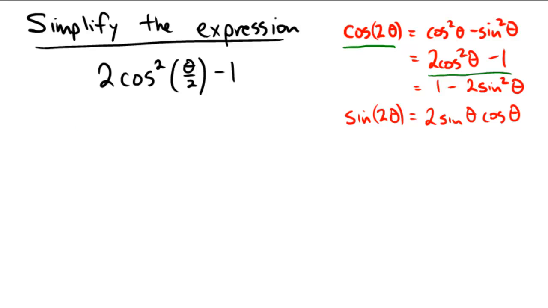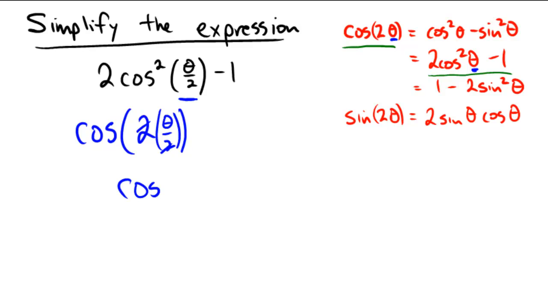So we're going to have cosine, and then we're going to have 2, and notice that the theta in the argument here and the theta in the argument here are analogous to the theta over 2 here, and so it's going to become a theta over 2 in there. Okay, 2 times theta over 2, of course, the 2's cancel, and we're left with cosine of theta. So 2 cosine squared theta over 2 minus 1 is exactly equal to cosine theta.